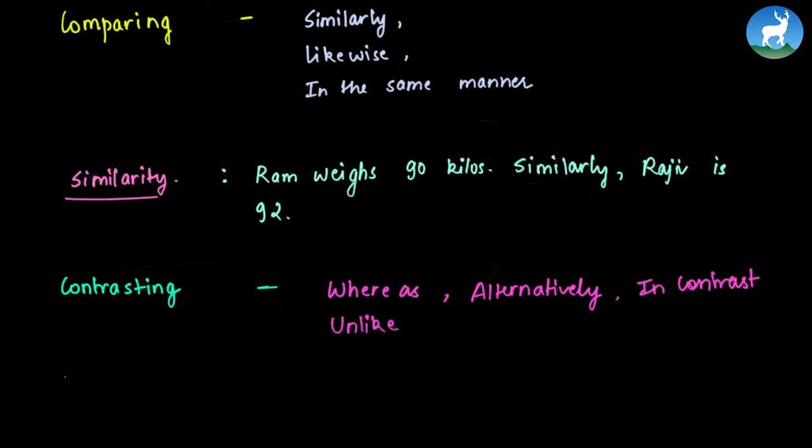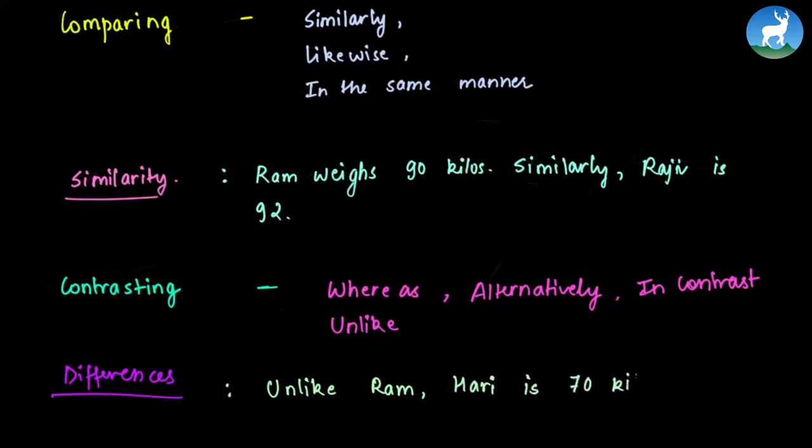Let's see an example of how one of these words is used to show difference. Here we have a sentence: unlike Ram, Hari is 70 kilos. This sentence means Ram is not as fat as Hari. So the word unlike is showing the difference between the weight of Ram and Hari.